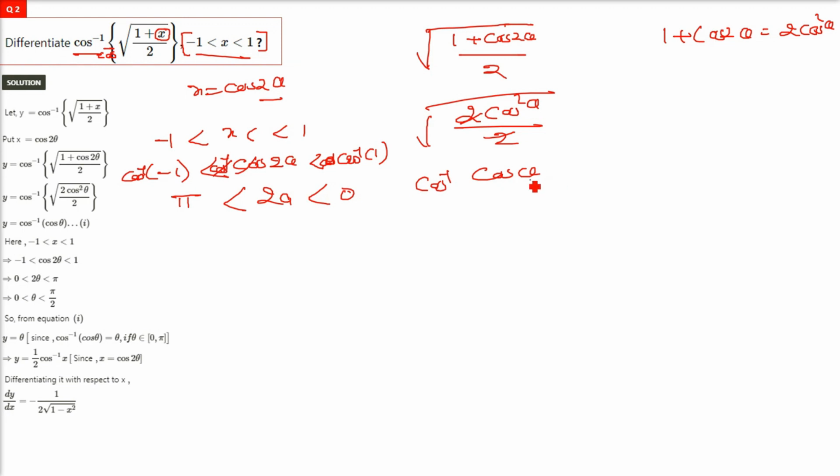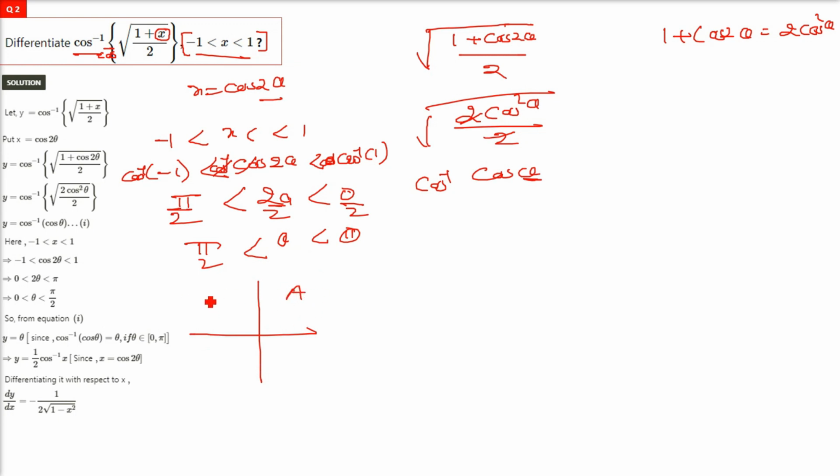Now 2 theta, but we need theta here because we will be differentiating theta only. Divide by 2. So you have the value between 0 and pi by 2. Now we are quite safe. Why are we safe? Because we are dealing in the first quadrant.